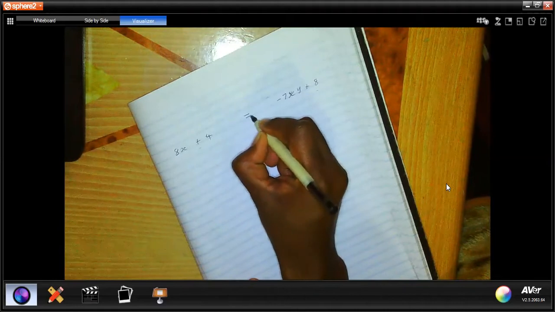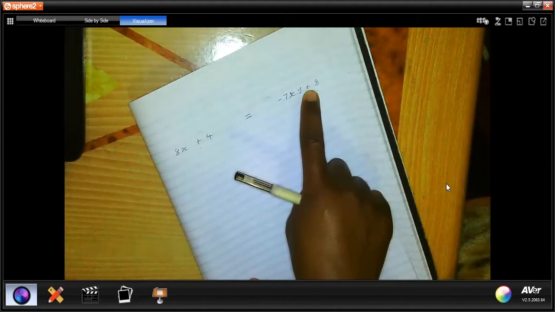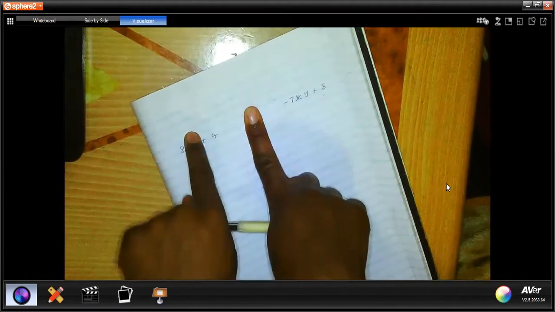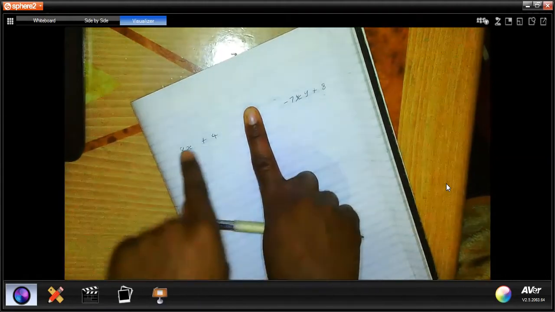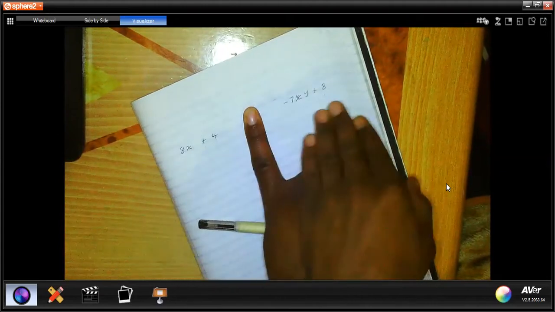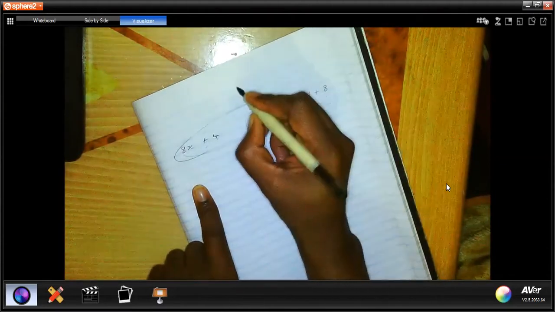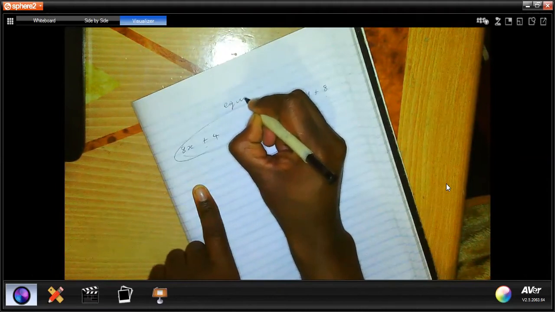This is an expression, this is an expression. Up until we have equal to, if we don't have this equality sign, these are just two expressions, and there is no relationship between these two expressions. This is one expression, this is another expression. And then this equality joins these two expressions together. And by adding this equality sign, we now have an equation. That's basically what the definition I was showing you means.